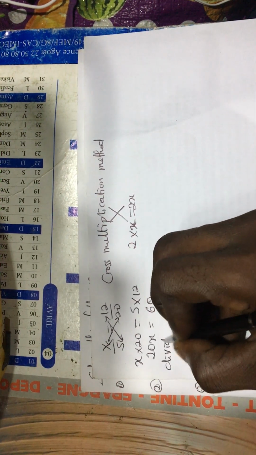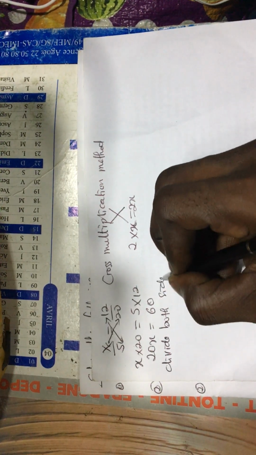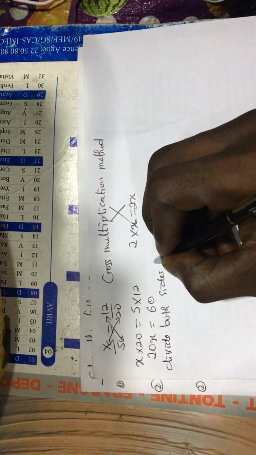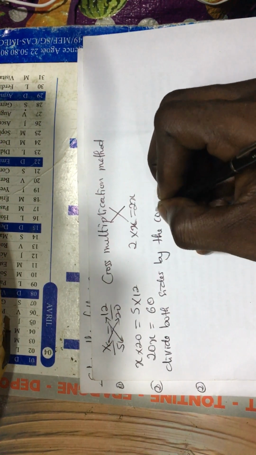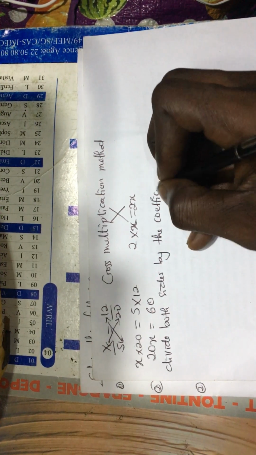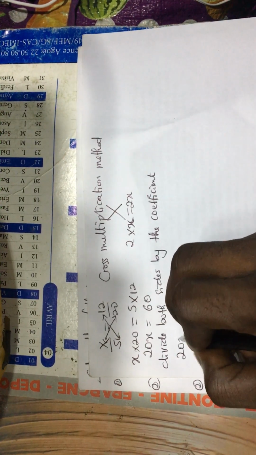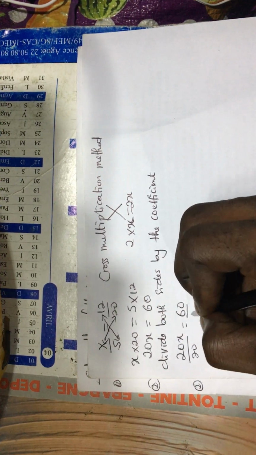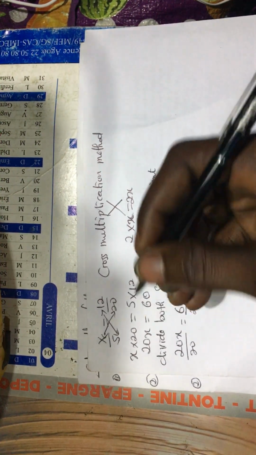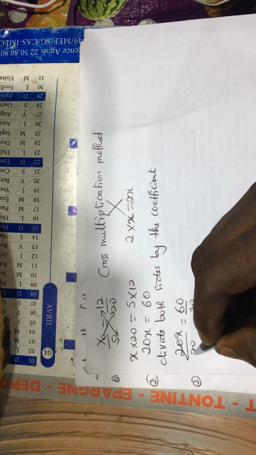Divide both sides by the coefficient. Okay, so you have 20x over 20 is equal to 60 over 20, which means because we have 20 and 20 here, we cancel them out.